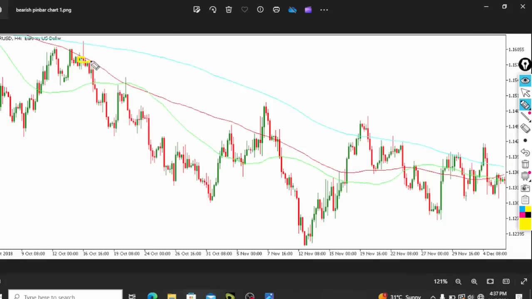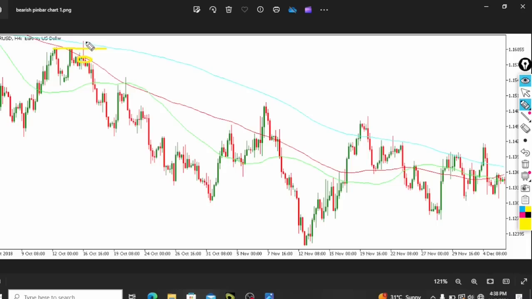It has a small body with a long tail that is touching the 200 moving average. When you notice this type of pin bar being directed by the moving average and also occurring at a resistance area, this is the resistance area here, and it is on top of the moving average, you should know that the next move is definitely going to be downwards.